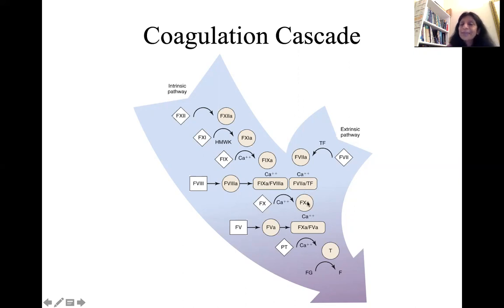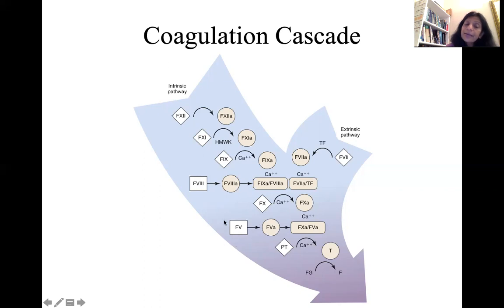So activation of factor 10 would lead to the common pathway. But here, the first thing you see is a small amount of factor 10 being activated, which then activates prothrombin with the help of factor 5. Again, this is a cofactor.